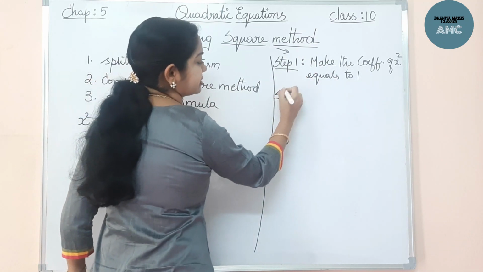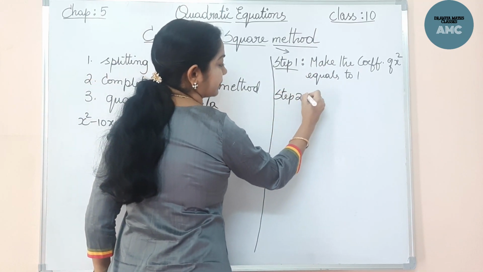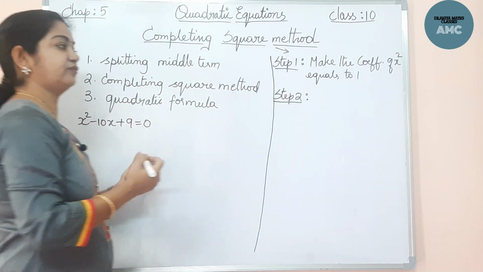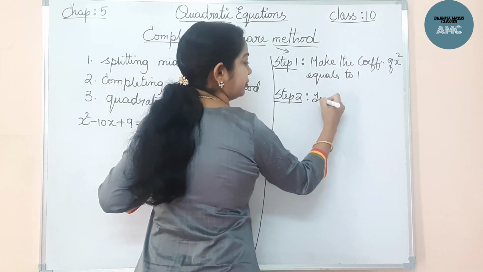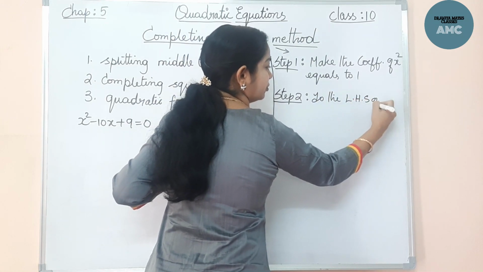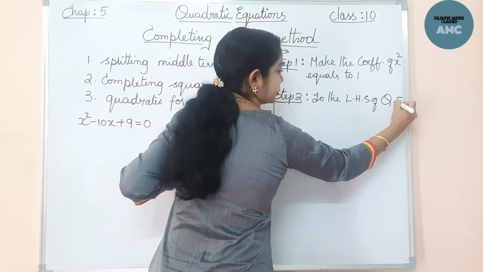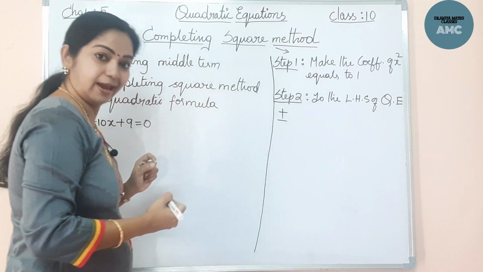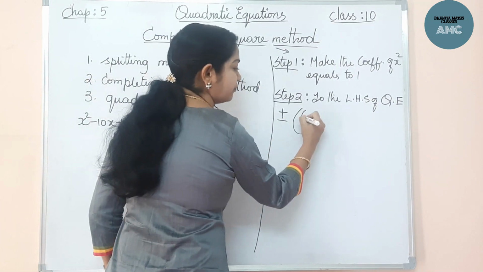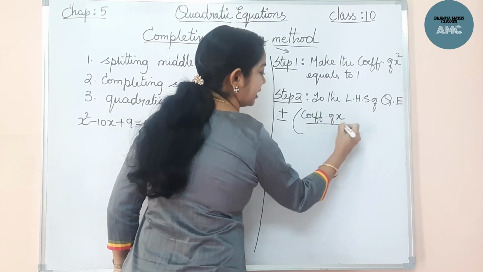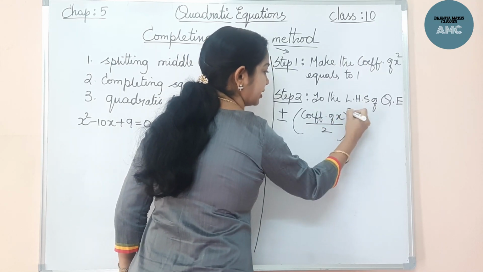Now, the second step: to the LHS of the quadratic equation, add and subtract the coefficient of x by 2 whole square.